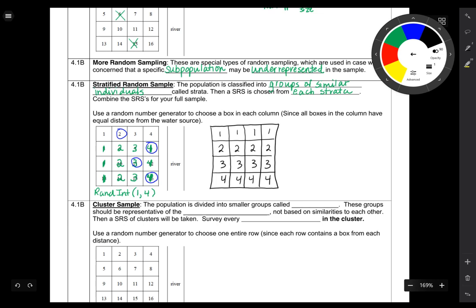And here we are going to stratify by column. So this would still be rand int. And we are going to pick, I picked a number already. I did it randomly for each column. And I got a 4, a 2, a 2, and a 3. Okay. And then you have the river over here.